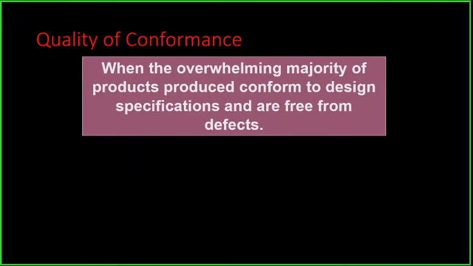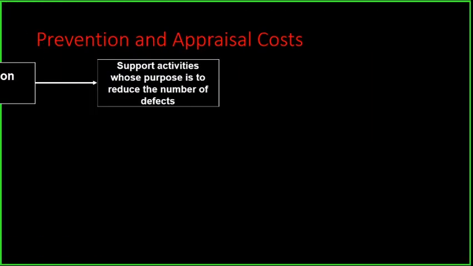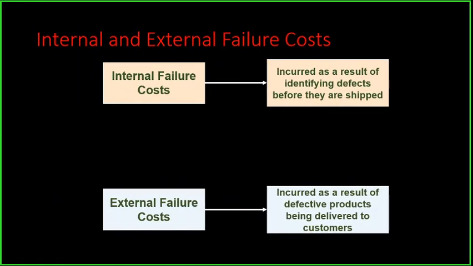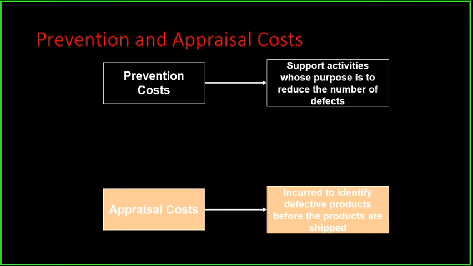Quality of conformance. Here we go, now the basic quality costs come in. Quality costs are costs incurred to maintain the quality of your product. Actually, there are 4. You have your prevention cost, appraisal cost, and then you also have your internal failure cost and external failure cost. Now, let's discuss them one by one. Your prevention costs are quality costs that support activities whose purpose is to reduce the number of defects.